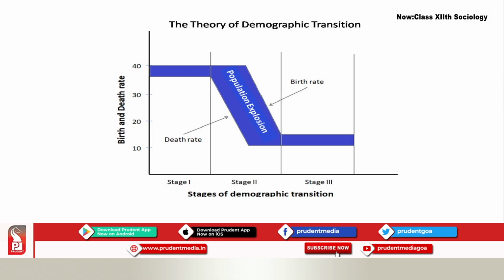On the y-axis of this graph, we can see birth rate and death rate. The upper arrow shows you the birth rate, and the lower portion shows you the death rate. Now let us see these three phases of demographic transition.